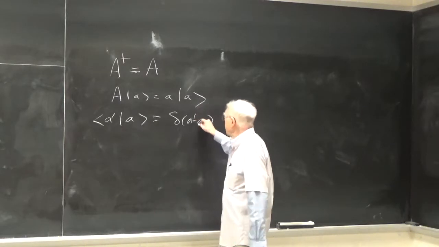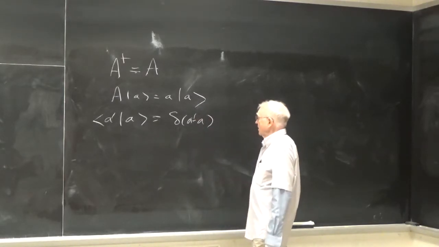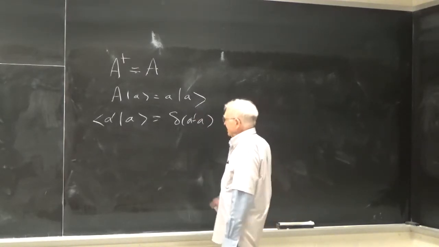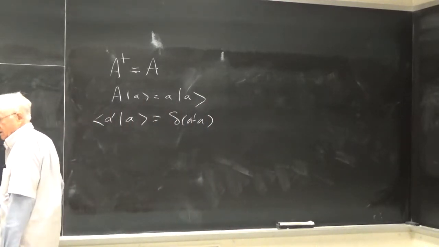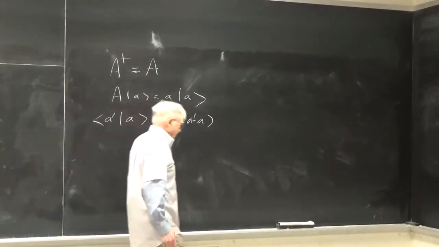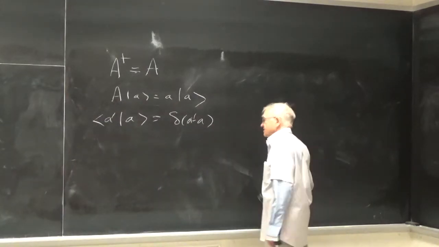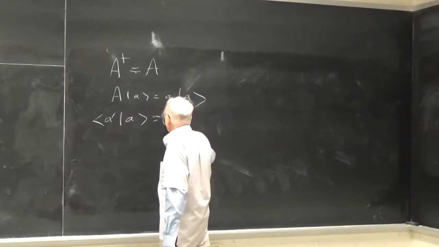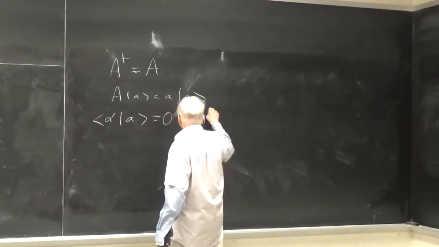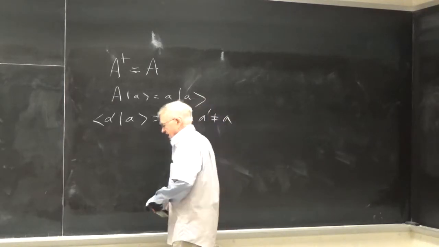If you normalize them, then they're, let's see, that's not a very good way to write it now that I think about it, because we kind of like the delta function. So they're orthogonal if they're different.